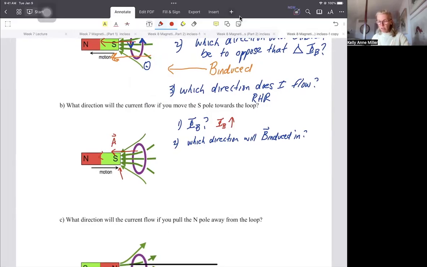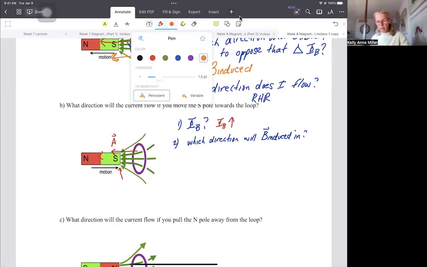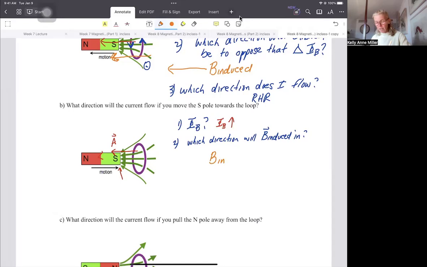So B induced is going to be pointing opposite to that, right? So it's going to be pointing to the right. So B induced is going to be pointing in that direction, because it opposes the direction of the existing B field, which is getting stronger.